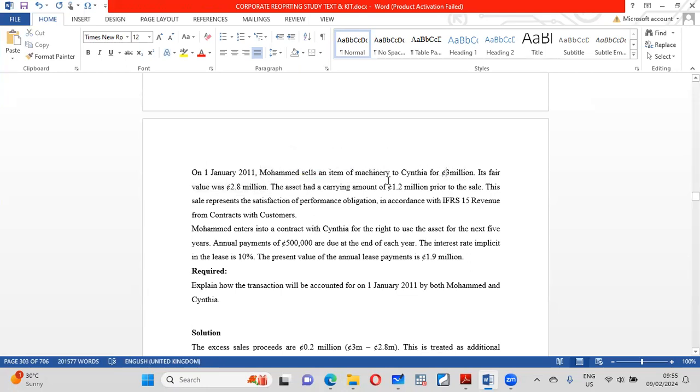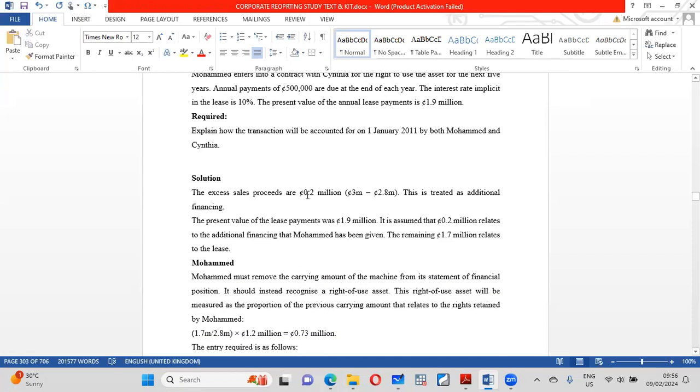And because this is a kind of related party transaction, the asset had a carrying amount of 1.2, like the one we did. Everything is just like the one we did. But in addition, they brought in the fair value of 2.8, which they sold.